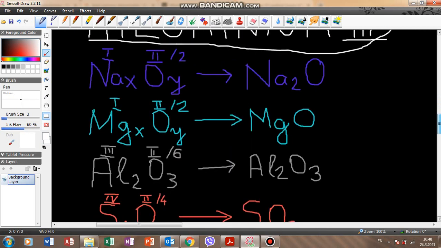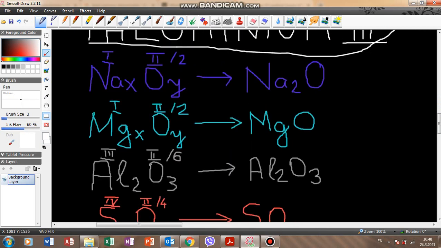Now I'm going to show you how to determine a compound's formula by knowing the valency numbers of the elements in that compound. For example, if you want to write down the formula of sodium oxide, first write the valency numbers of sodium and oxygen, and knowing their least common multiple, you get the formula Na2O.